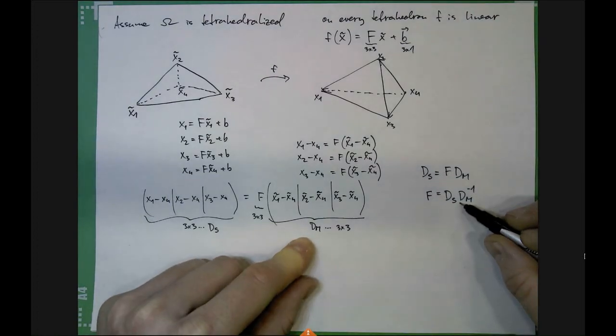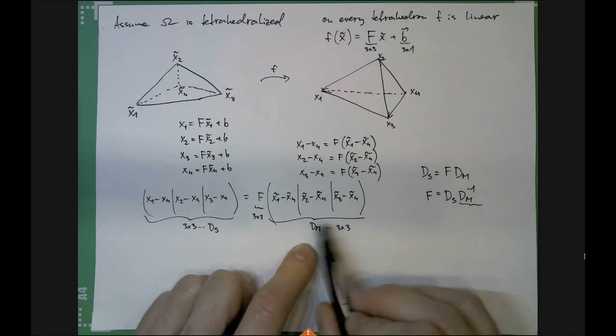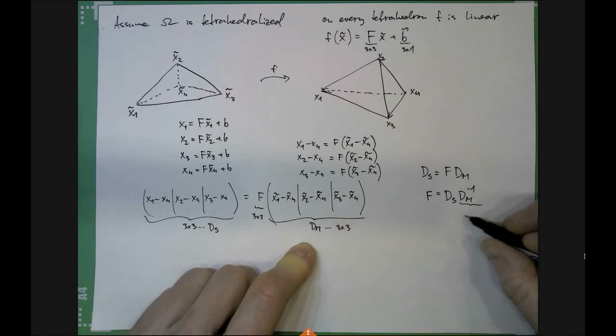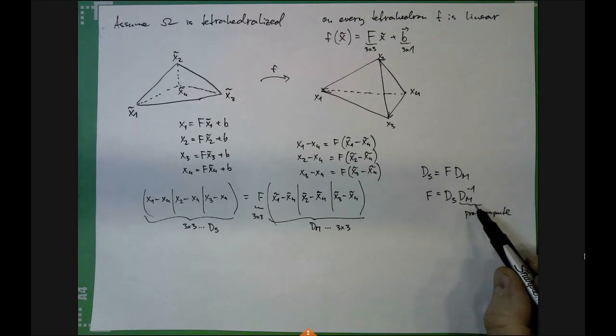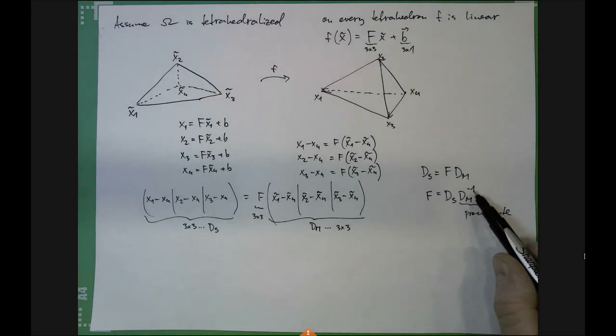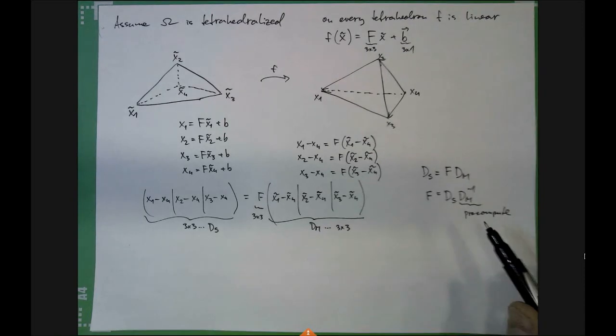The interesting thing is, because the Dm only depends on the rest pose, I can pre-compute this. During the course of my simulation, the Dm will not be changing, so obviously the Dm inverse will never be changing. So this inverse, I only need to compute once in pre-computation, which is sort of nice. It's a 3x3 matrix. It's not a huge deal, but it's still good to pre-compute that.